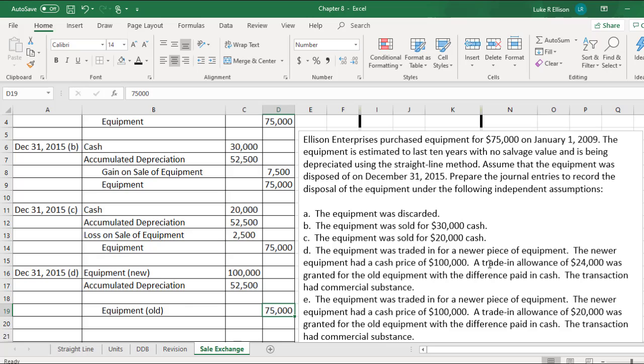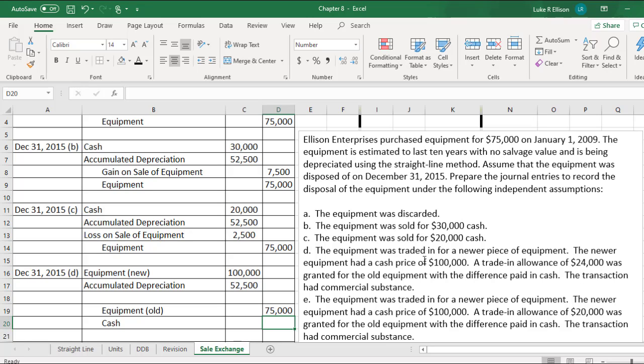And if we read closely here, we see that a trade-in allowance of $24,000 was granted for the old equipment with the difference paid in cash. So that means we're paying out some cash here. Now this equipment cost $100,000, but you can think of this as getting a $24,000 discount, since we're giving whoever's giving us this new piece of equipment some of our old equipment.